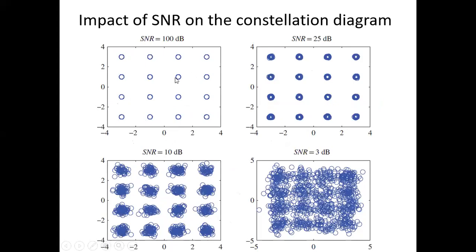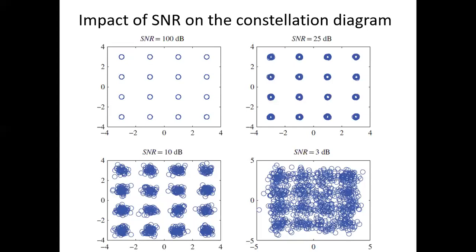If you draw a vector between the correct location and the actual location, it is called the error vector, because that represents how much error you have after reception. And if you take only its magnitude, then it is called error vector magnitude.